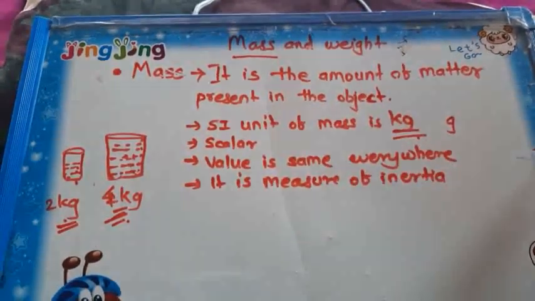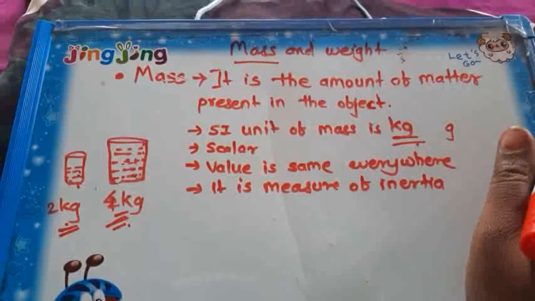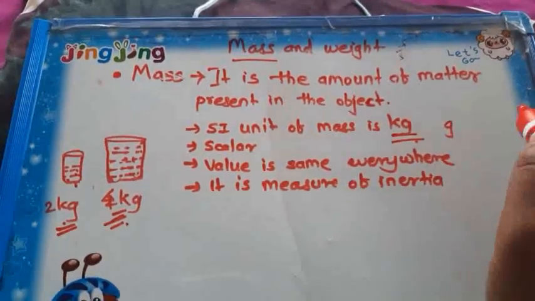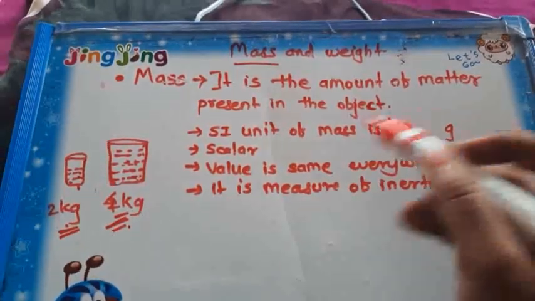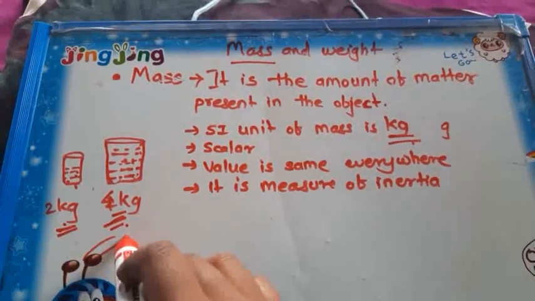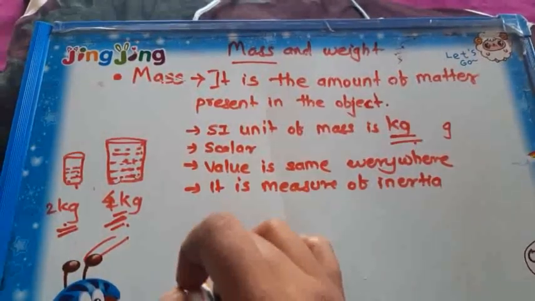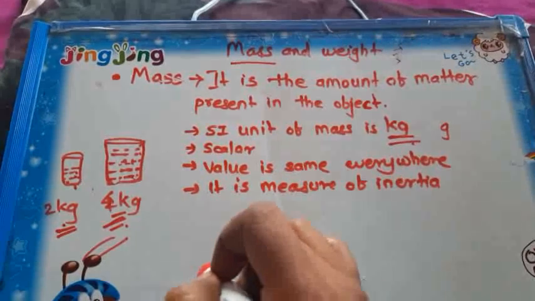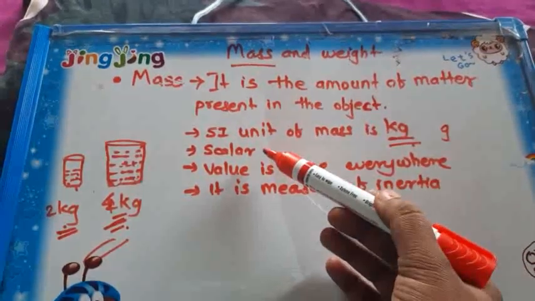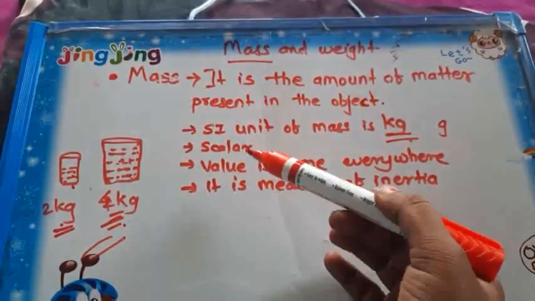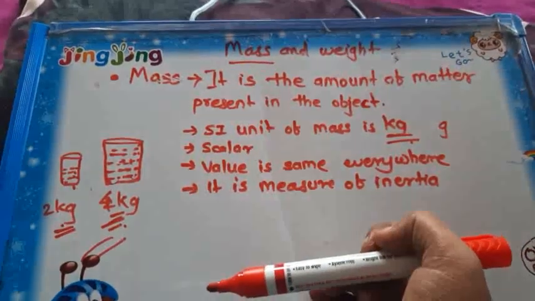If I keep it in the west direction, its mass will be again 4 kg. Means in any direction, if I keep these cups or any object, the matter inside is not going to change. That is, it is not dependent on direction. So it is a scalar quantity.